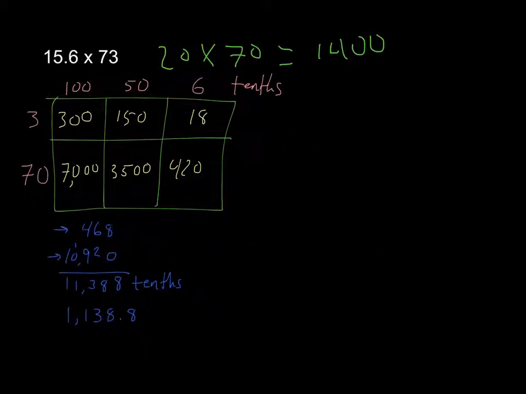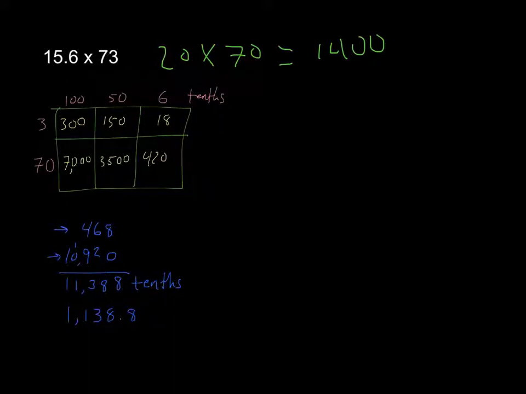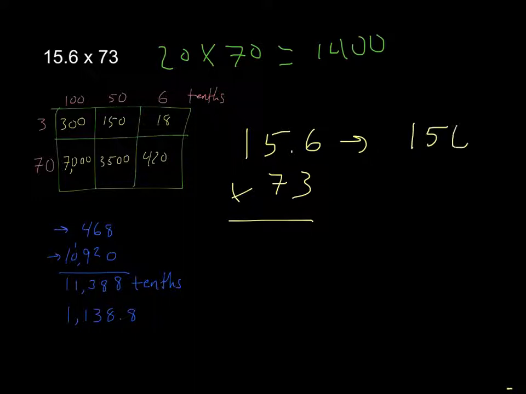Okay, and then we are going to try it with the standard algorithm. Remember, when you start, we're going to start with 15 and 6 tenths times 73. But then we're going to move it over, so it is 156 tenths times 73. And then we'll solve it like we normally would.